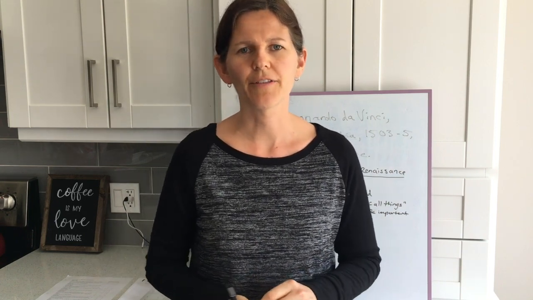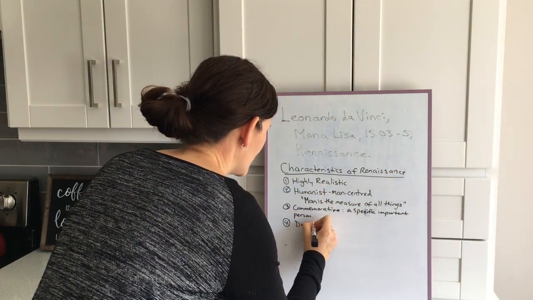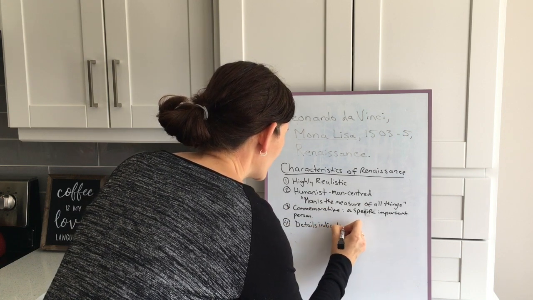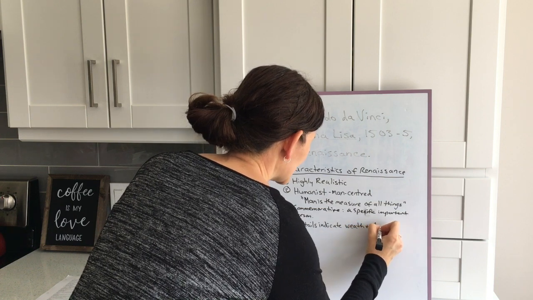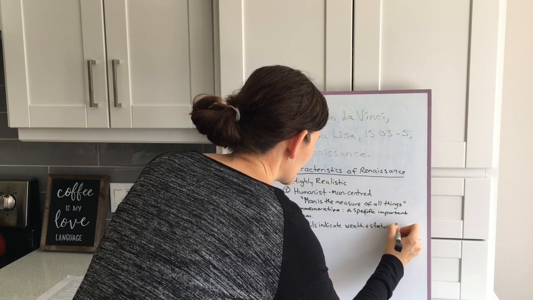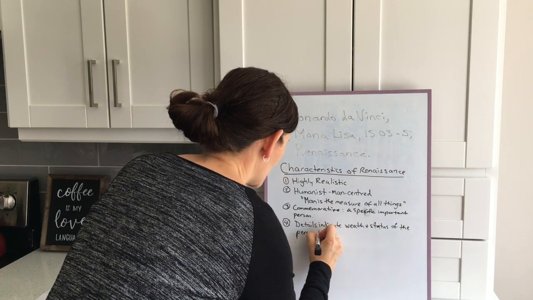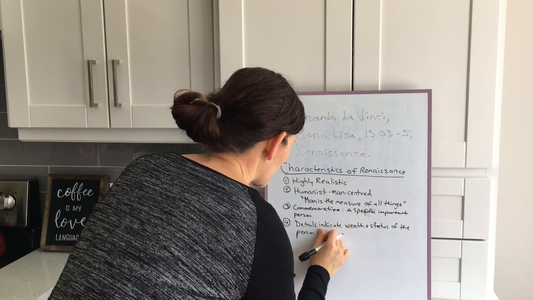So the fourth characteristic is that if you look closely at the details, they will indicate the wealth and status of the person that's being pictured. Let's just write about the person portrayed.